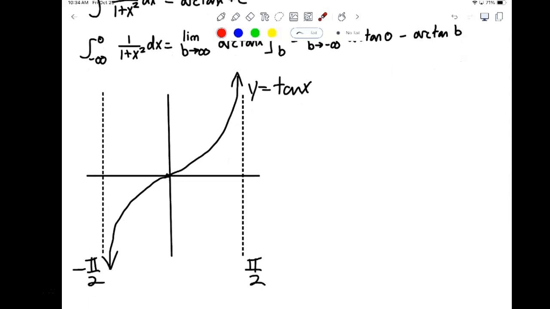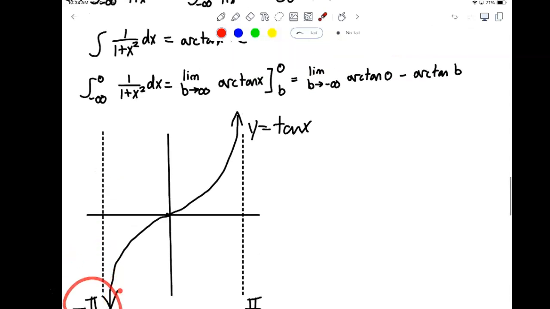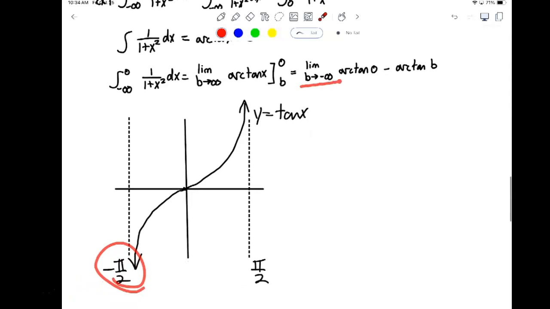So as y goes to negative infinity, what's happening to your x? You're approaching negative pi over 2. So the limit as b approaches negative infinity of arctan of b is actually going to approach negative pi over 2.